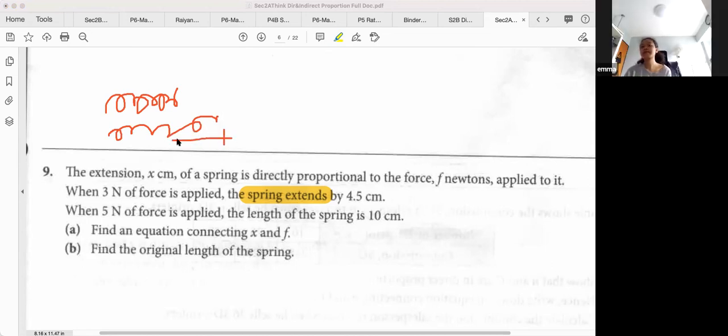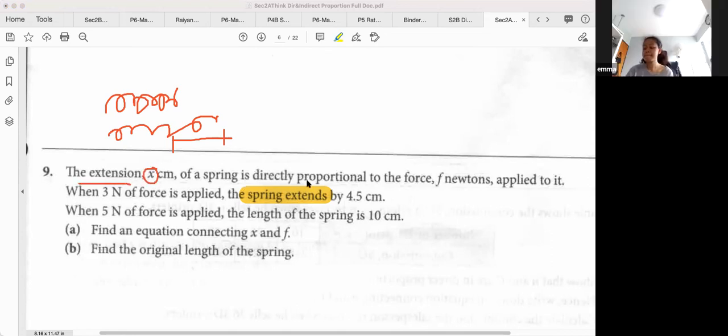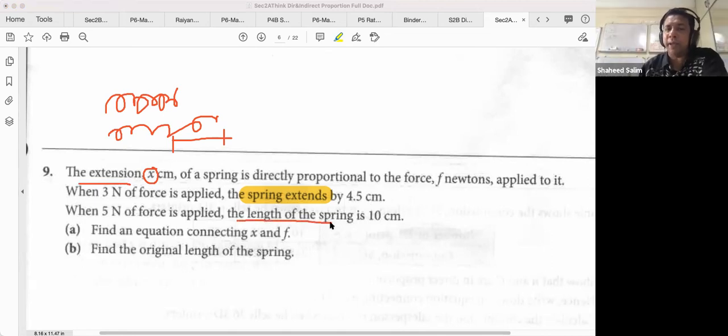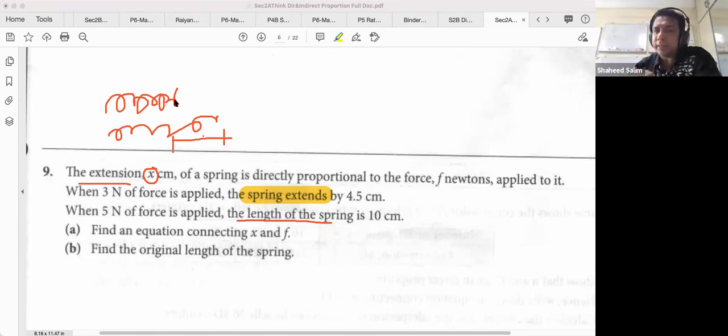Down here, they are talking about the extension. X is the extension. But in the other part down here, they talk about the length of the spring. Length of the spring is extension plus the original length. Okay, but don't worry about all this. I'm just highlighting first.